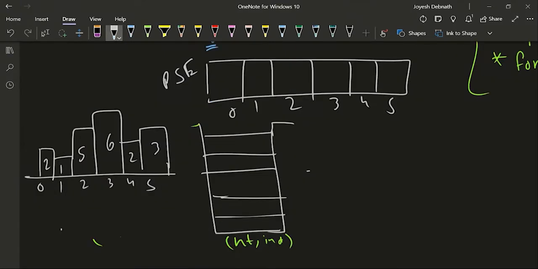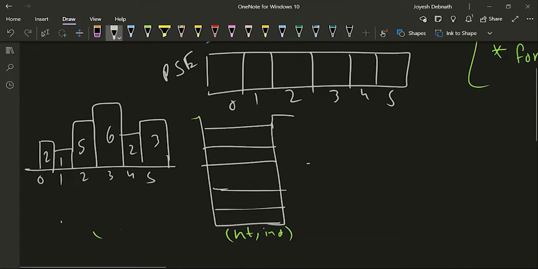Now let's find out the previous smaller for each of the blocks. So we'll start from the end. The current block is 3 and there is no element in the stack, so we will enter 3 comma its index, which is 5. Okay, so the next block is 2.